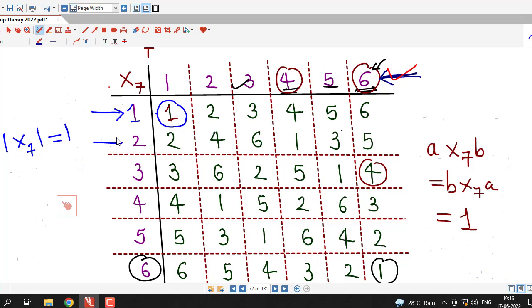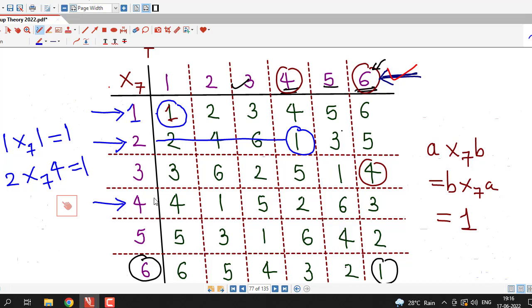To check for the inverse of 2, we search in this row and look for the identity element in this row, and here we find 1. So here I can write that 2 multiplication modulo 7 4 equals 1, and let me cross check for this also.